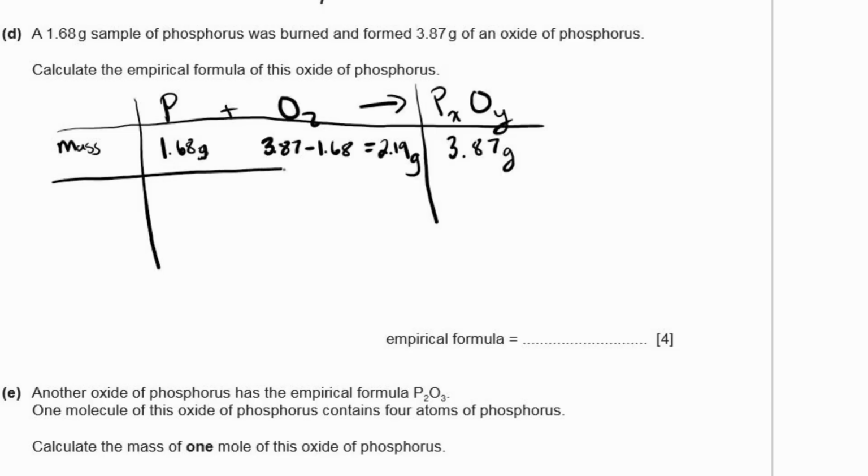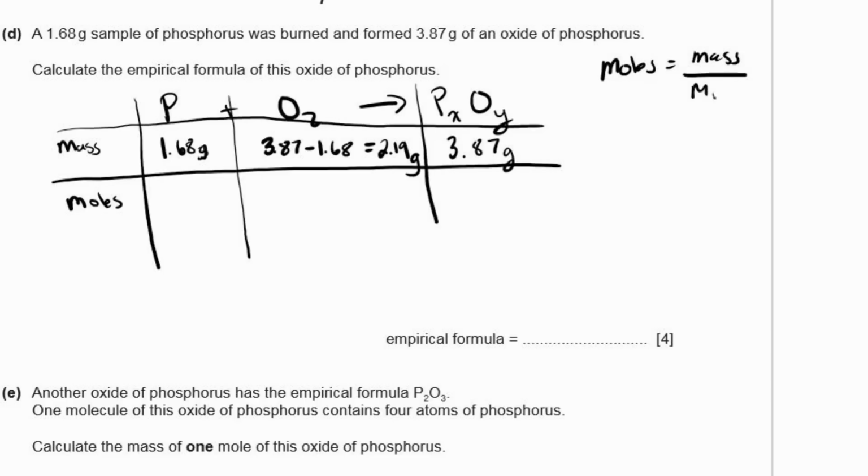So now that we know the mass, let's use that to figure out the number of moles of each. Okay, so remember, moles equals mass over the molecular mass, or the atomic mass, Mr or Ar. Okay? All right, so we have 1.68 grams over 31 grams per mole, and that's just from the periodic table.